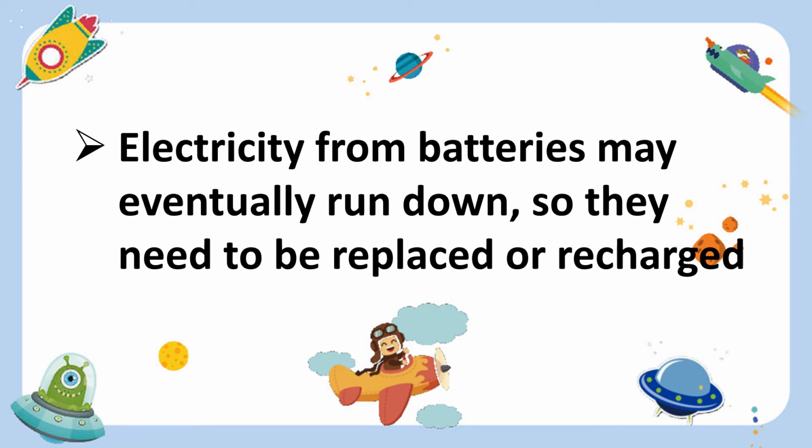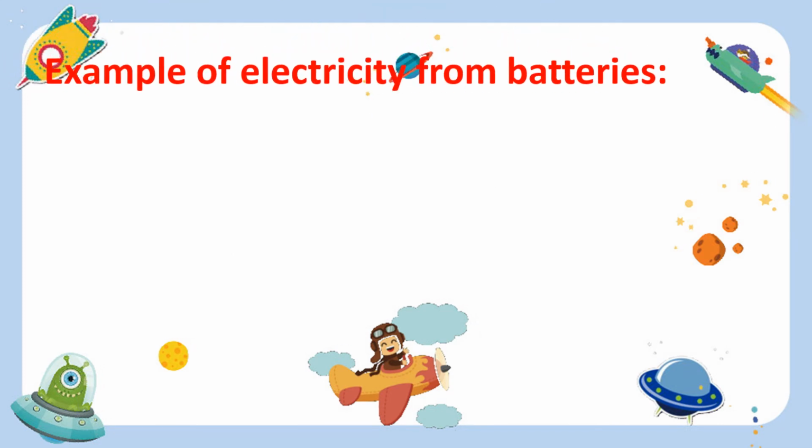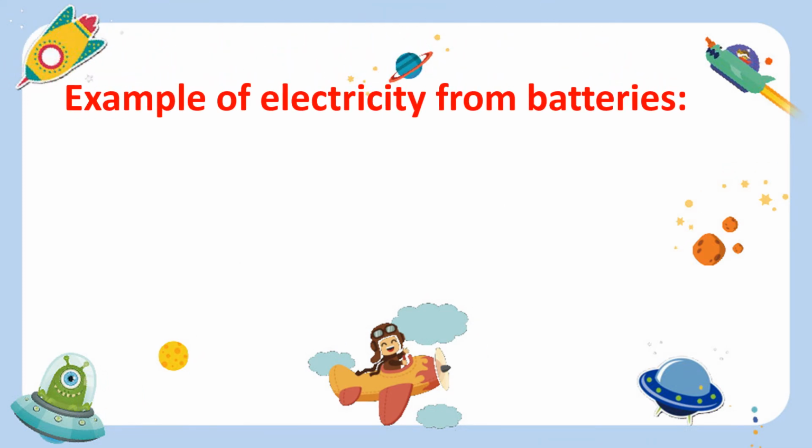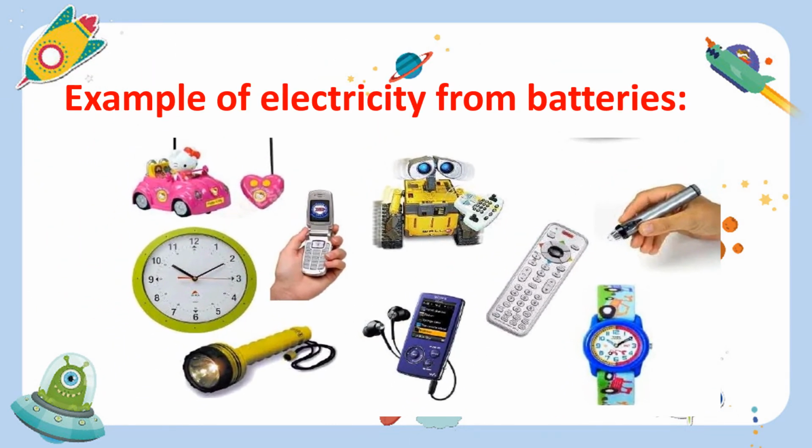Okay, can you read one more time, please? Electricity from batteries may eventually run down, so they need to be replaced or recharged. Okay, so have a look at this picture. These are some examples of electricity from batteries.